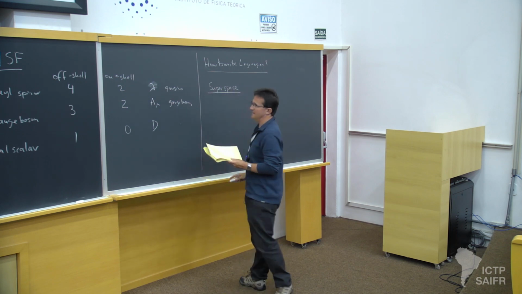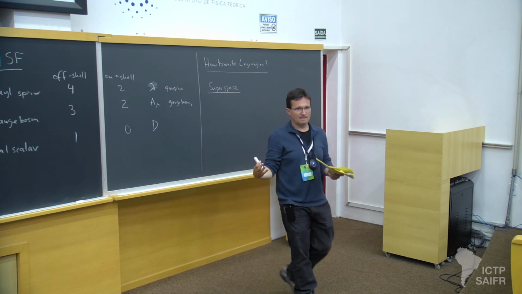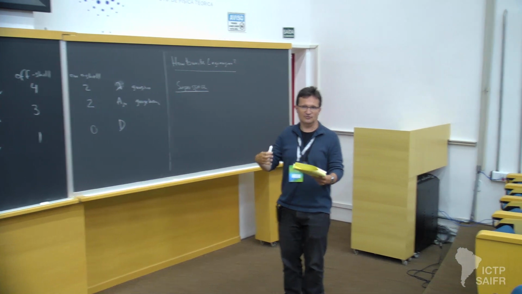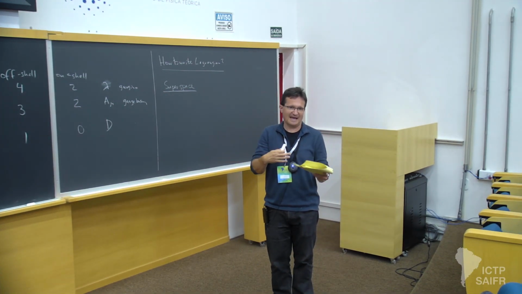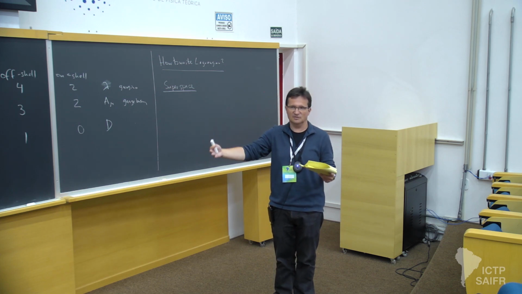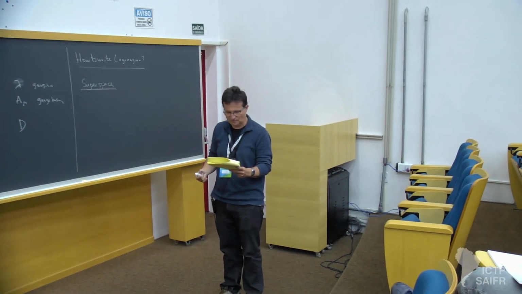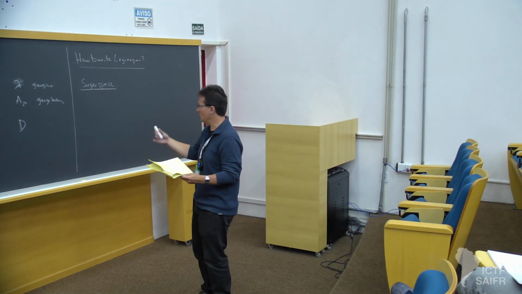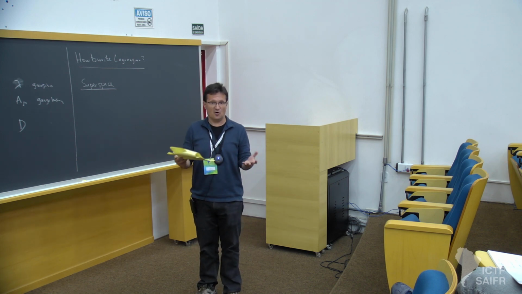Basically, I told you that you have to use the superfields, which contain both the fields that I'm interested in and their superpartners, like the fermions, or you will have gauginos and gauge bosons, and they naturally want to live on a space that is slightly larger than our ordinary space.